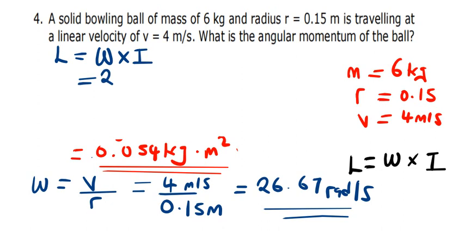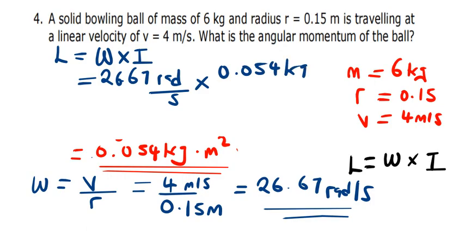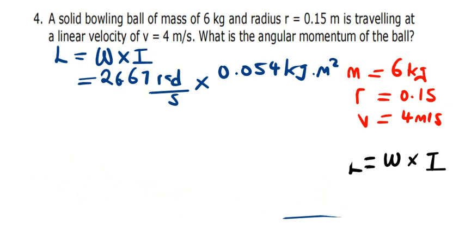So 26.67 radians per second multiplied by the moment of inertia, 0.054 kg meter squared. Let's calculate: 0.054 multiplied by 26.67, I'm getting 1.44.